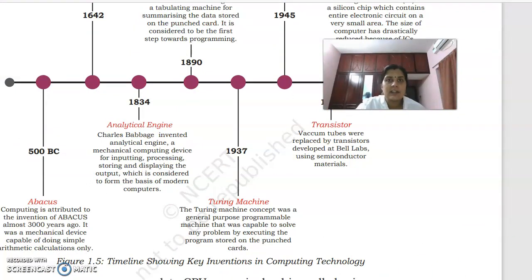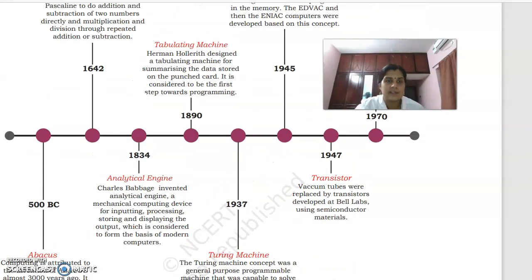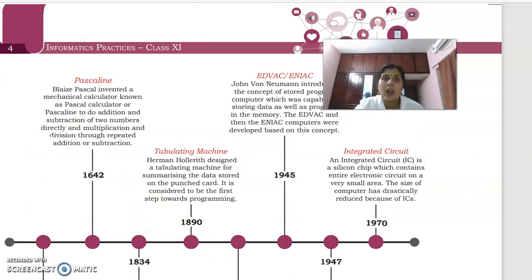The abacus was invented 3000 years ago, that means around 500 BC. By using the abacus, we can do mathematical operations. Then in 1642, what happened? Pascal, you all heard the name Pascal. Pascal invented a mechanical calculator known as the Pascal calculator, in which only two operations are there, addition and subtraction.